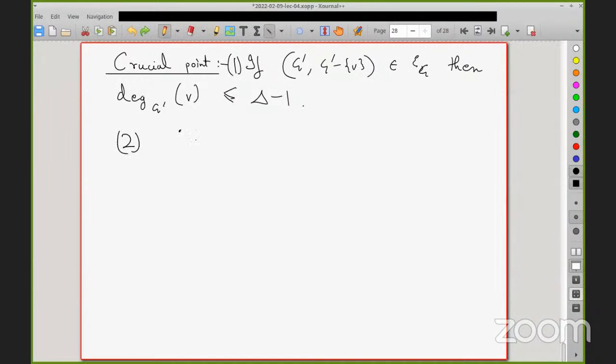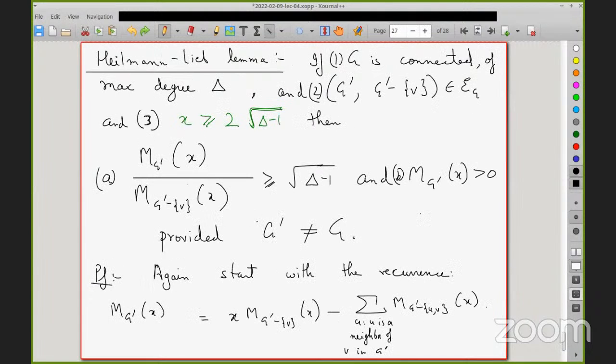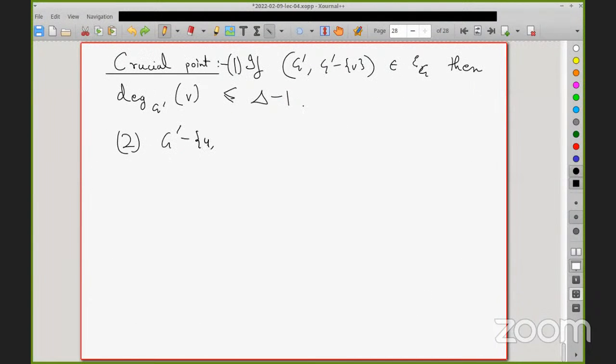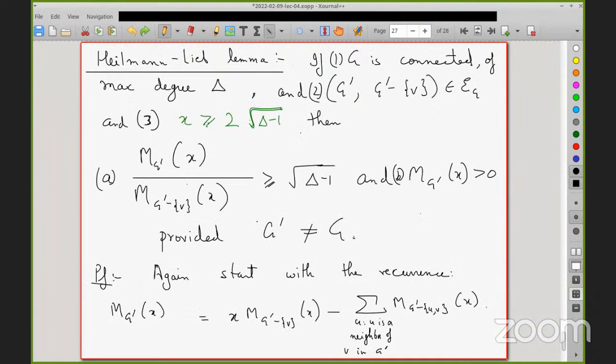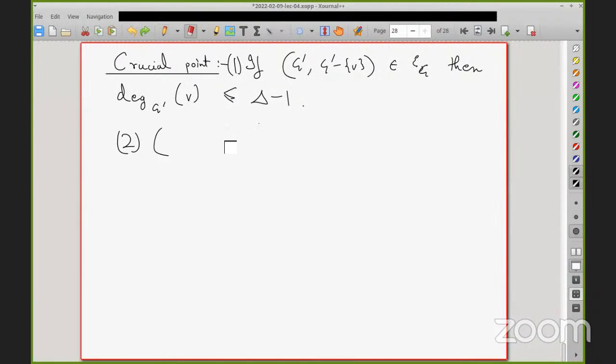The point is that if G' minus v, G' minus uv is also in E_G.